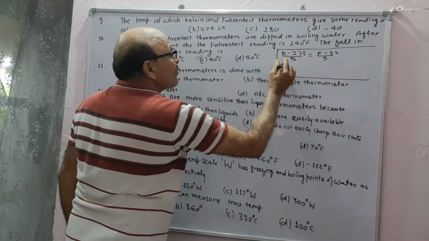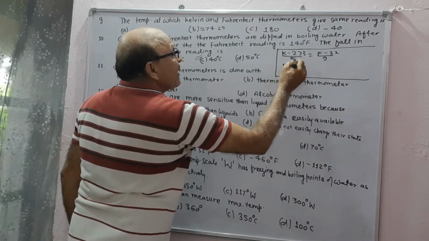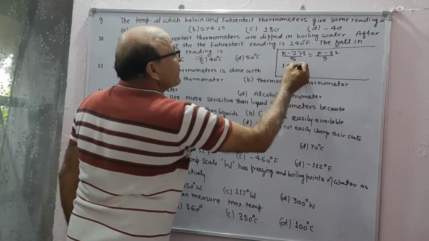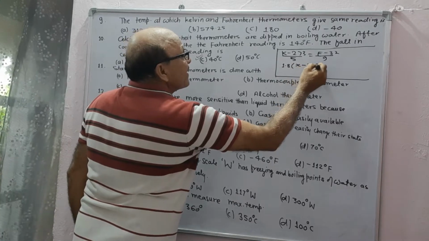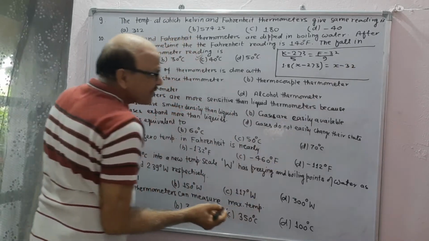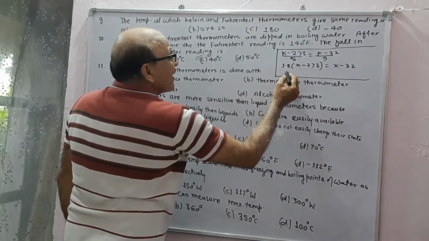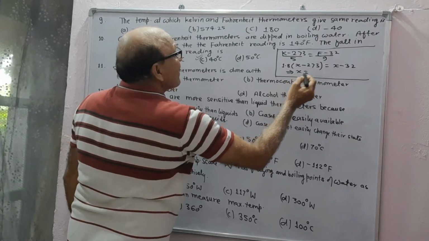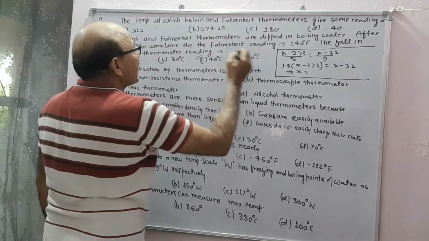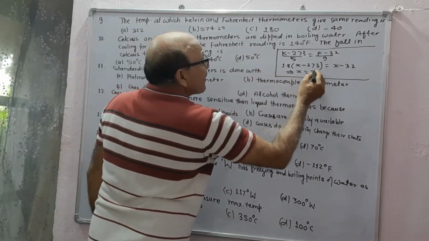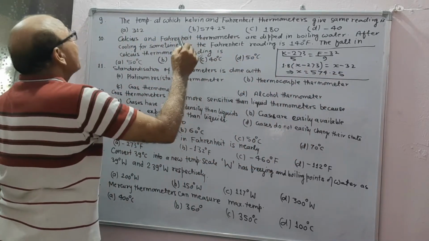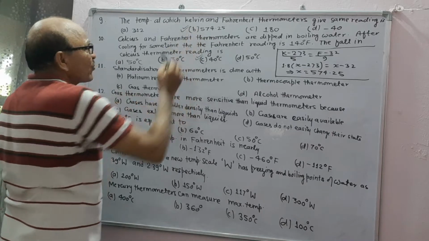And as K is equal to F is equal to X, X minus 273 will be equal to X minus 32. On simplification, we get X as 574.25. Therefore, the correct answer will be this one.